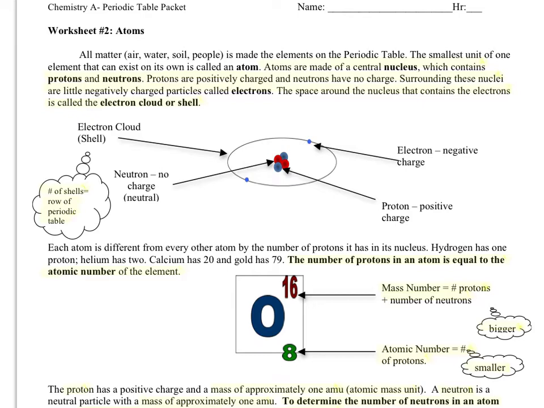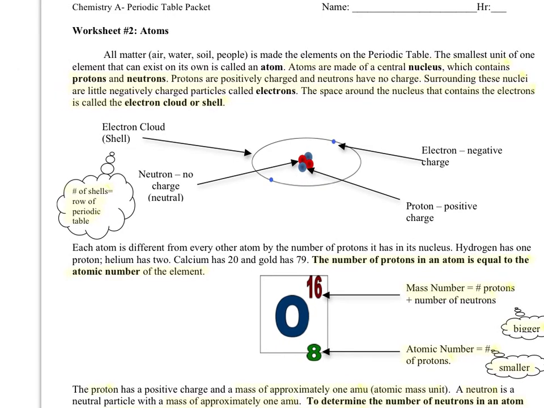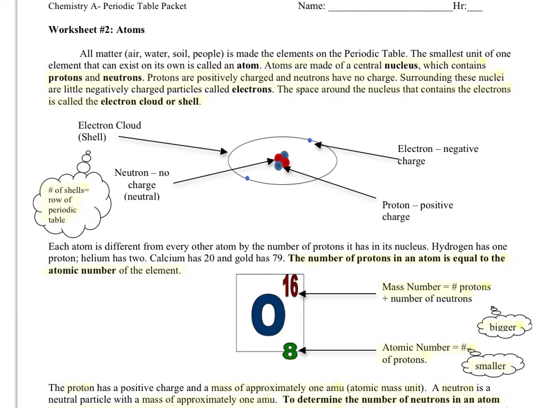And this nucleus is made up of protons, which have a positive charge, and neutrons, which have no charge. So that's sort of describing their electrical properties, right? Both protons and neutrons have a mass. They weigh something, so that's why the nucleus itself weighs something.